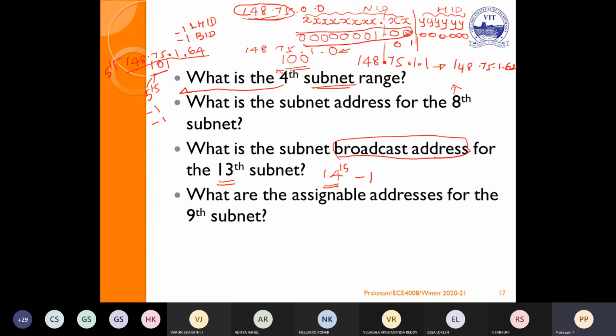Similarly, for the assignable addresses for the 9th subnet, compute 9 plus 1 as the starting address, and compute 10 minus 2 as the last host address. So from 9 plus 1 to 10th minus 2 is the assignable address range for the 9th subnet.